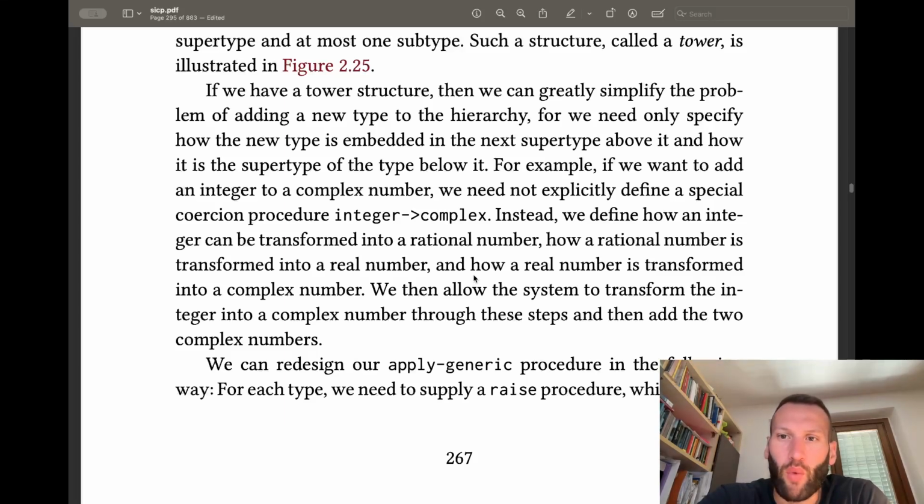For example, if we want to add an integer to a complex number, we need not explicitly define a special coercion procedure, integer arrow complex, but instead we define how an integer can be transformed into a rational number, how a rational number is transformed into a real number, and how a real number is transformed into a complex number. We then allow the system to transform the integer into a complex number through these steps and then add the two complex numbers.